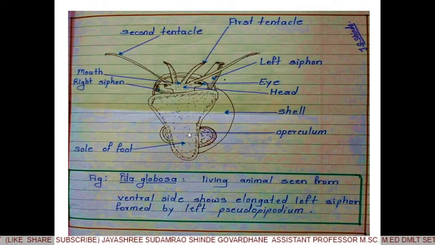We have seen in previous videos that when snails creep, they form a slime trail behind their path. What is the reason for that? That is due to the pedal mucus gland which is present in the foot.